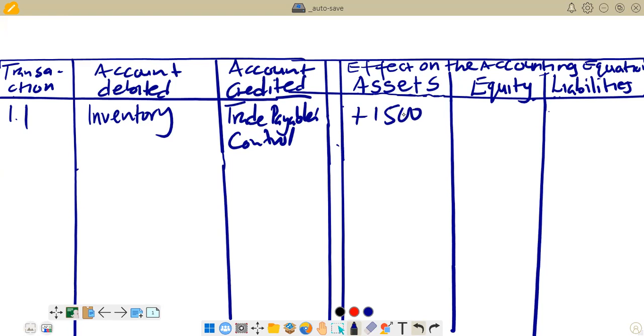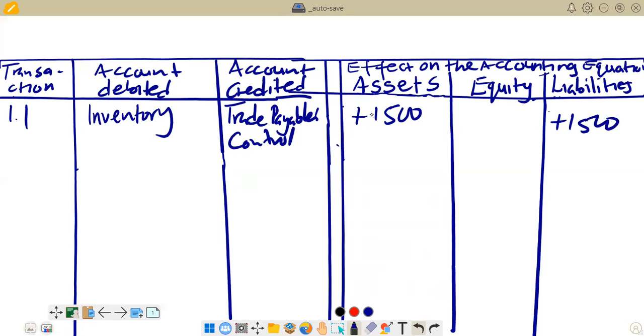The amount was 1,500. And also here we are crediting trade payables, and you know that trade payables are liabilities, current liabilities. So when you are crediting liabilities, you are increasing the value of liabilities. So it's a positive, a positive here of 1,500.